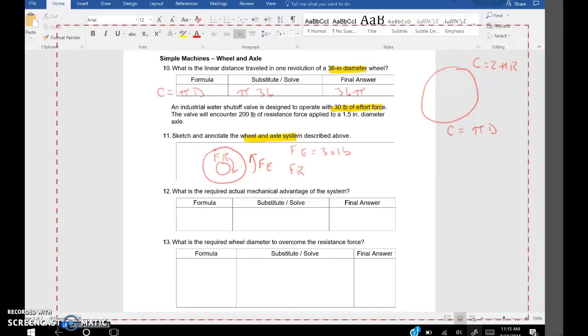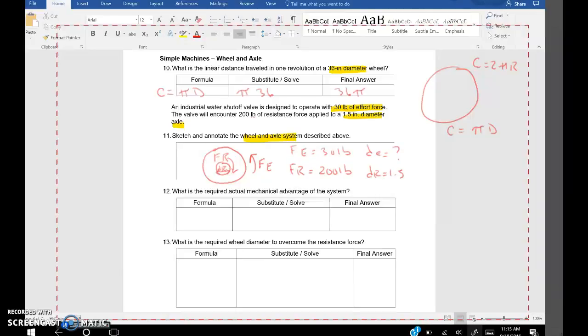It tells us that the FR is going to be 200 pounds. It also says the axle is going to be 1.5 inches in diameter, right? So from here to here, that's going to be our DR, okay? So our DR is going to be 1.5. Okay, so I've sketched it and I've identified what I know, and what I do not know is the outside diameter of the wheel, okay?